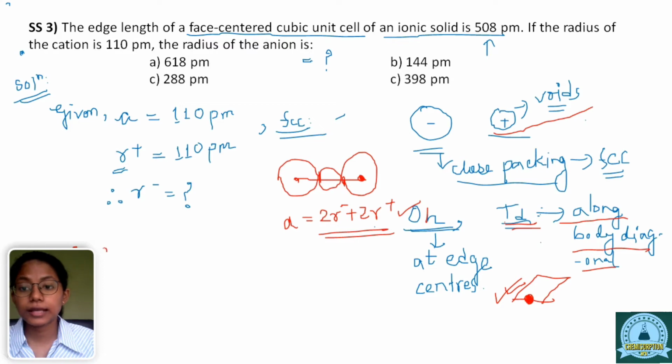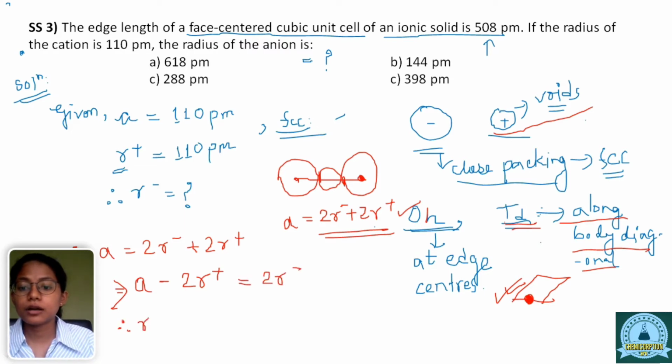We need the value of R negative, so A minus twice R plus is equal to twice R negative. Therefore, R minus is equal to (A minus twice R plus) by 2. The edge length was 508 picometer.